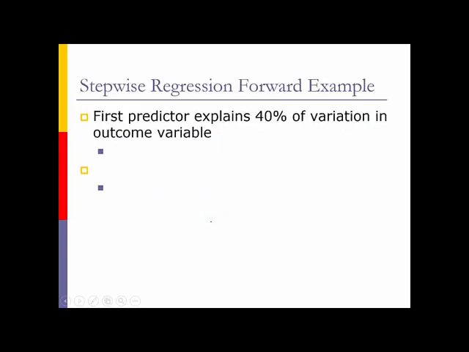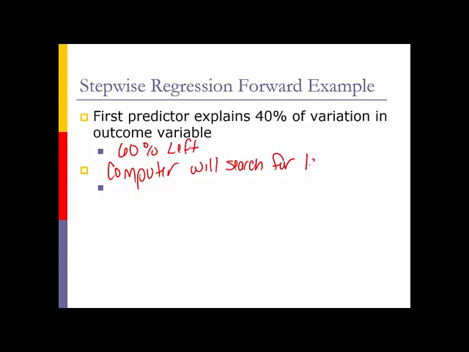So let's say the first predictor explains 40% of the variation in the outcome variable. Alright, we've got 60% left, right? So the computer, or SPSS, is going to search for the largest part of 60%.